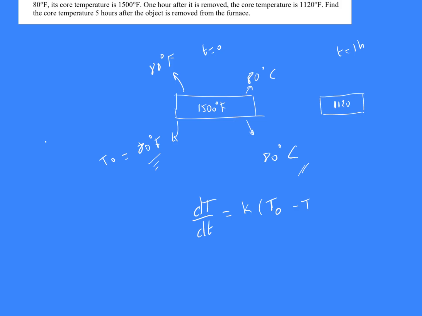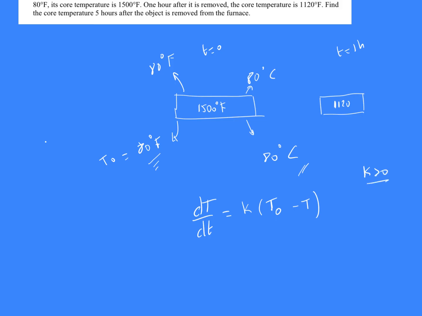If I say that this is the law, I might say that T is bigger, so I will put the k positive.